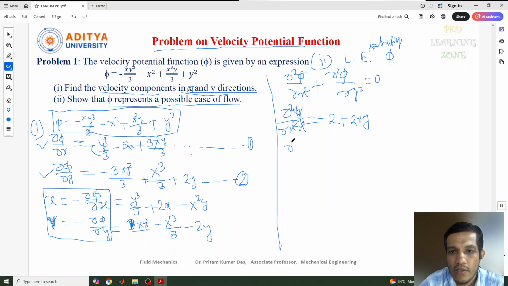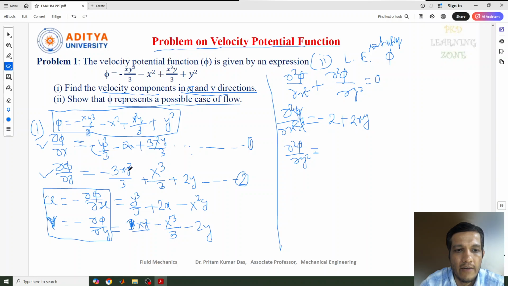Similarly, for del square phi by del y square, for the second equation, del phi by del y. We got minus 3x square, 3 cancels, so minus xy square.